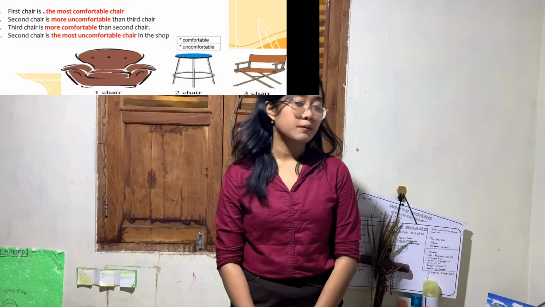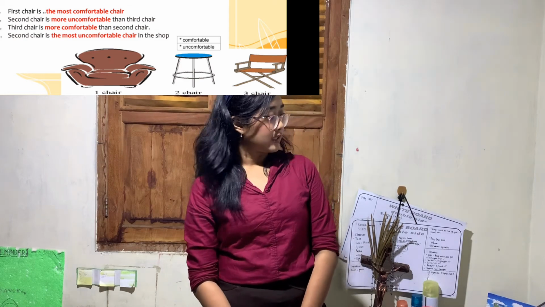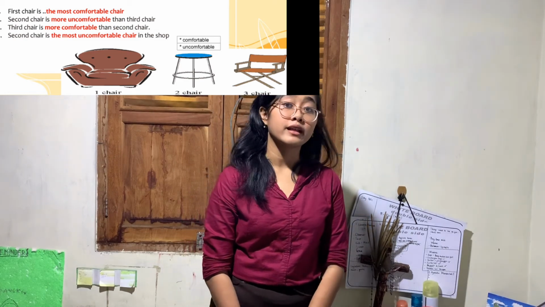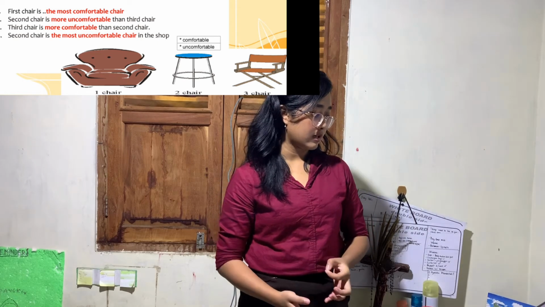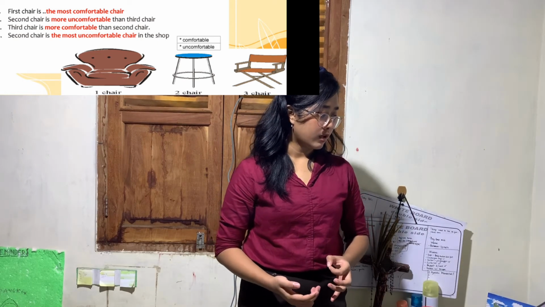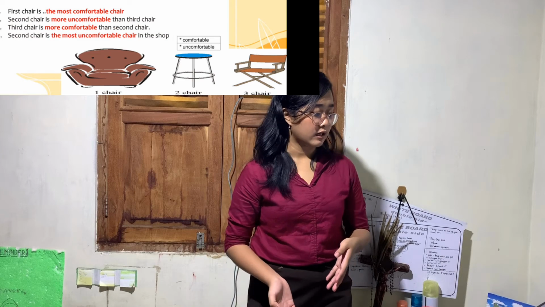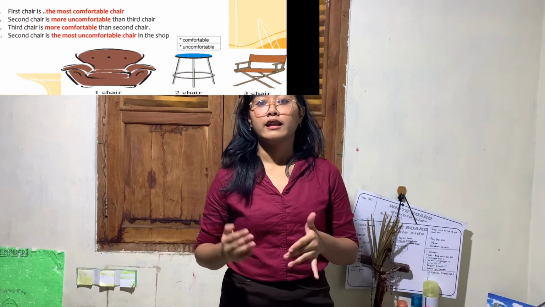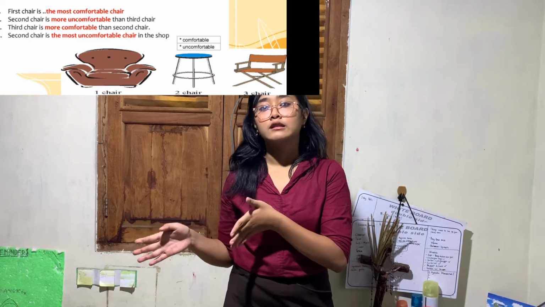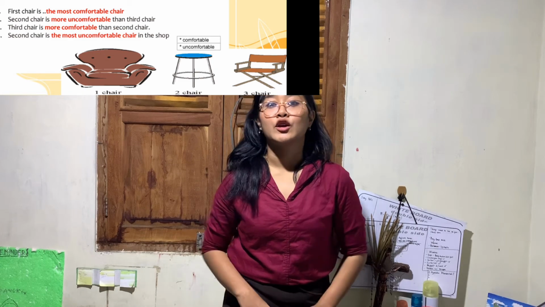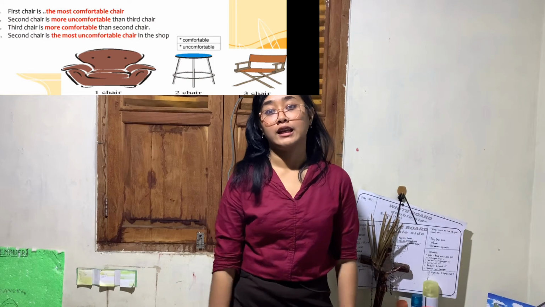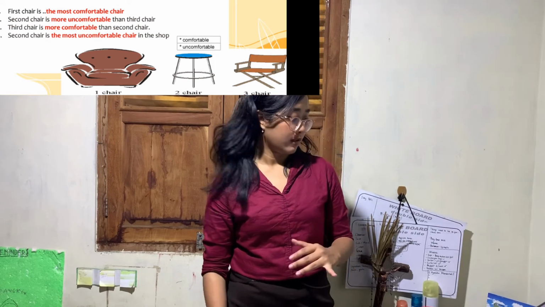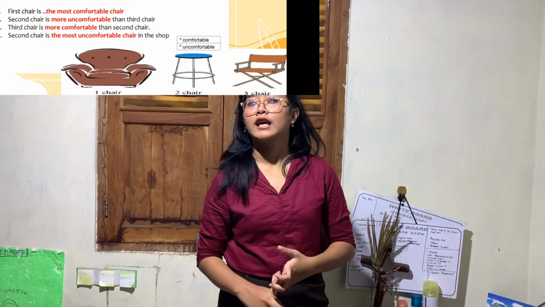Okay, good. Number 3. Third chair is more comfortable than second chair. So it is true because the third chair has a part to lay down. So if we sit on the third chair, we can lay down on the chair. But on the second chair, we cannot do anything.